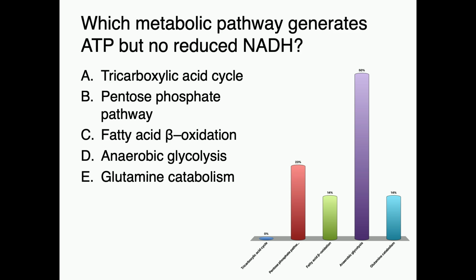Okay, so that NADH that's made by the glyceraldehyde 3-phosphate dehydrogenase, that's going to get oxidized by lactate dehydrogenase. So there is reduced NADH generated, but it's oxidized as part of the process. So maybe no net reduced NADH would be a better way to explain this. I'll elaborate on this concept later.